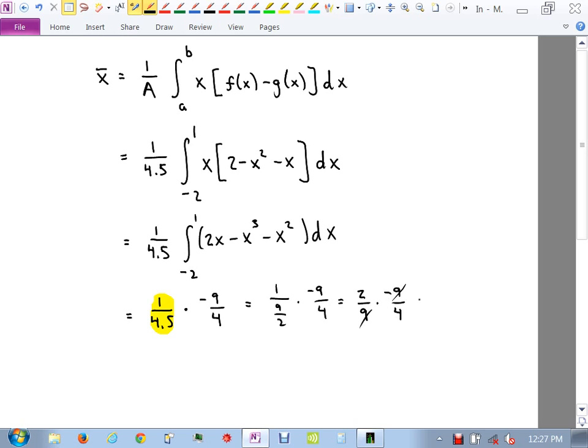The 9's cancel, the 2's reduce, so negative 1/2. Guess we would have got the same thing had we multiplied out the decimals too. What's your question? 4.5 is 9/2 from before, earlier.